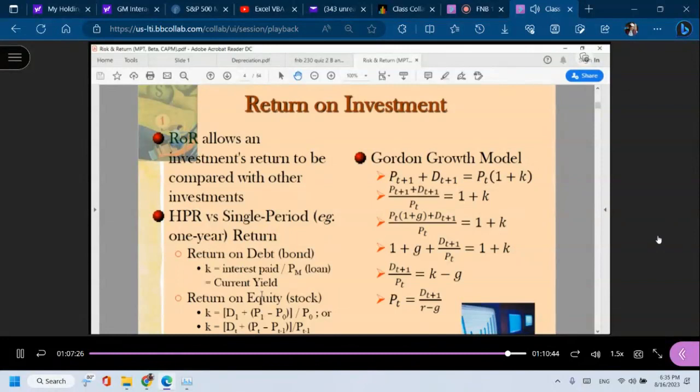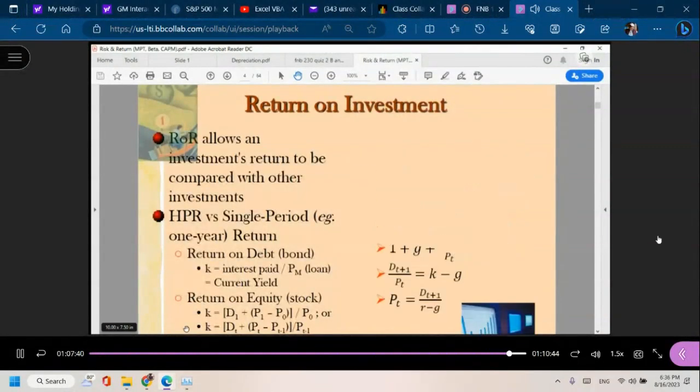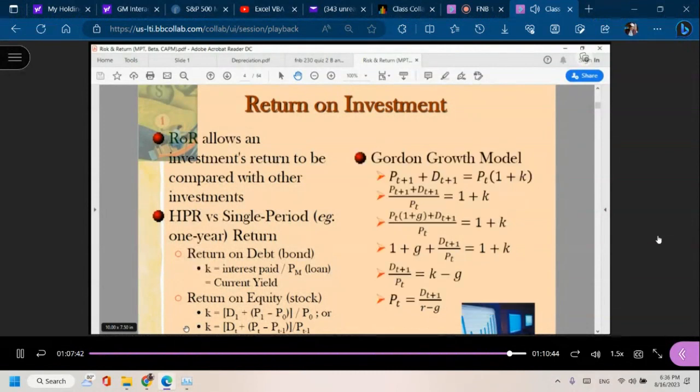Then over 10 years, it's going to be 1.1 raised to 10, and the capital gains portion will be, in other words, the house value at time 10, P sub 10, will be P sub 0 times 1.1 raised to 10. So this is one period, so it's 1 plus g raised to 1.